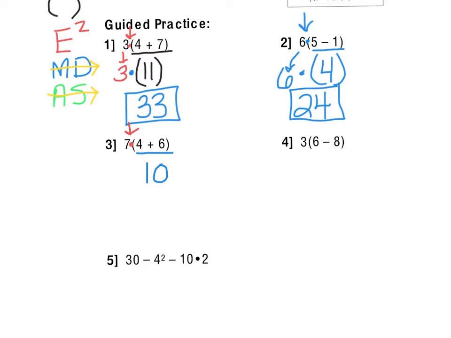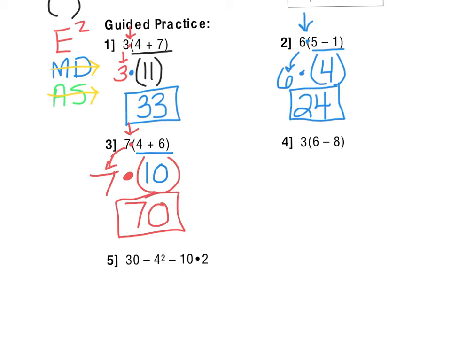So we can still leave that 10 inside the parentheses so we can actually see something, so it's not invisible. We can always still put the dot there. And then don't forget, bring down your 7. So you can finish it up and do 7 times 10, which is now 70.